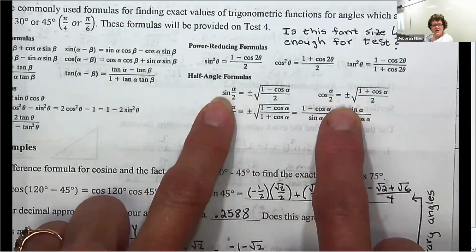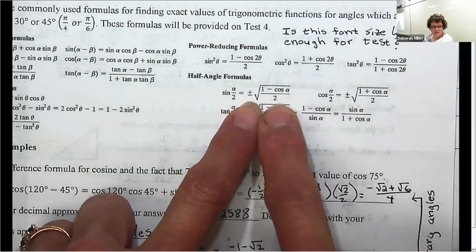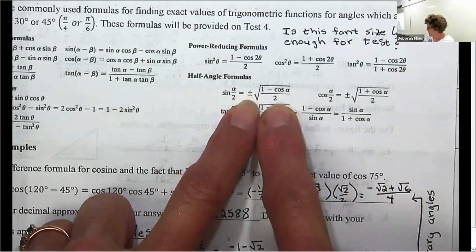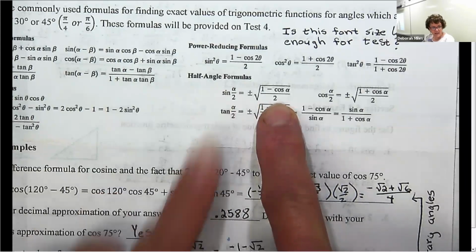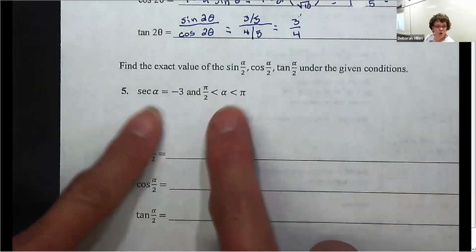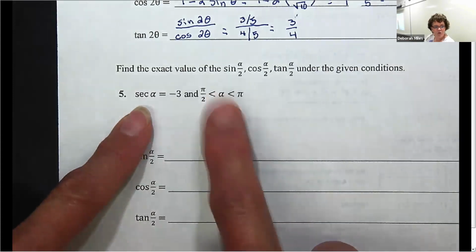Well, sine of something can't have two answers. So I've got to have a way of figuring out whether to use the positive square root or the negative square root. That's going to depend on in which quadrant alpha over 2 lies. However, I'm not given the quadrant that alpha over 2 is in. I'm given the quadrant that alpha's in.